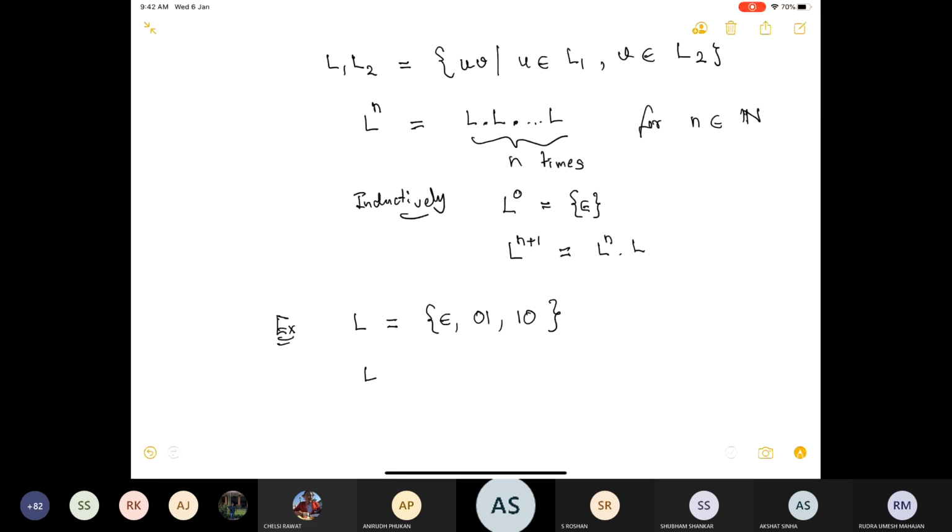So what is L to the power 0? It is just the singleton set containing epsilon. L to the power 1 is just L, because when you concatenate epsilon with any word, you get that word. So epsilon is the unit of concatenation.